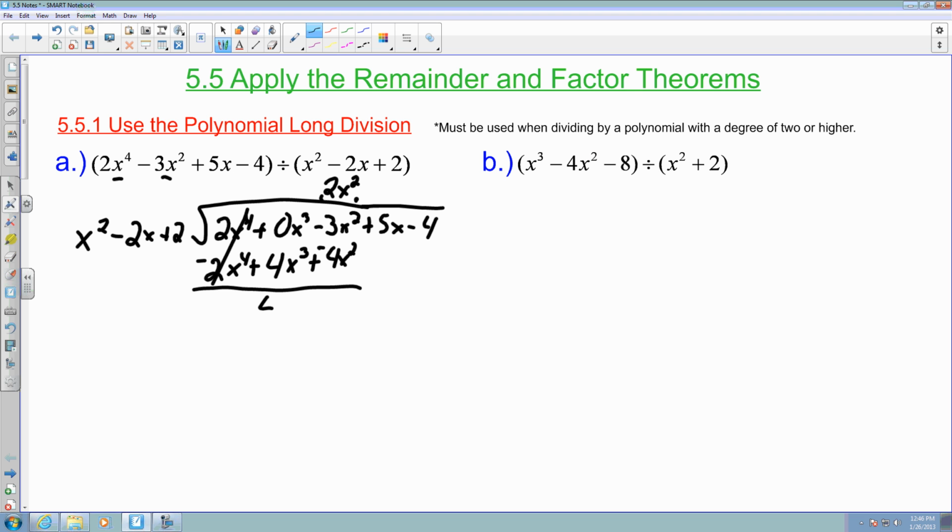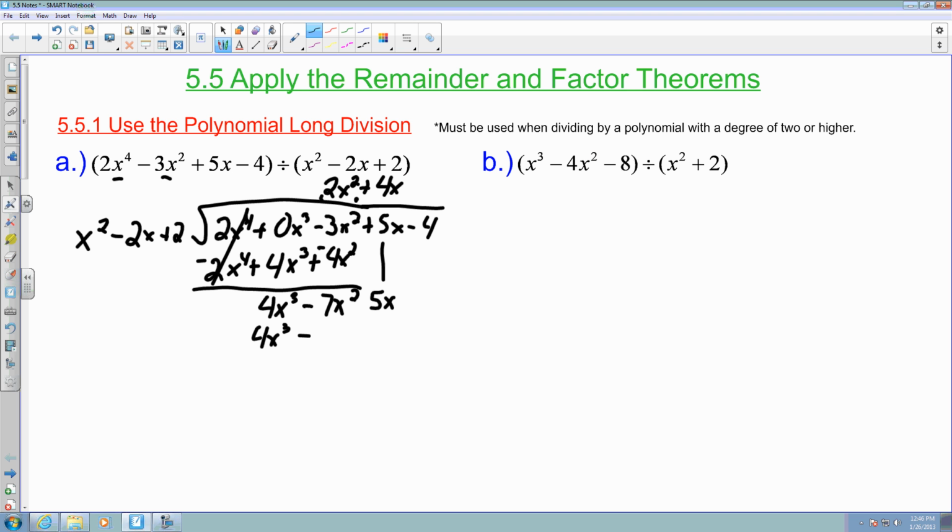This becomes 4x cubed, and this becomes minus 7x squared. Now we drop this down to become 5x, and now we have to find a value that's going to cancel out 4x cubed. So that's going to be plus 4x.